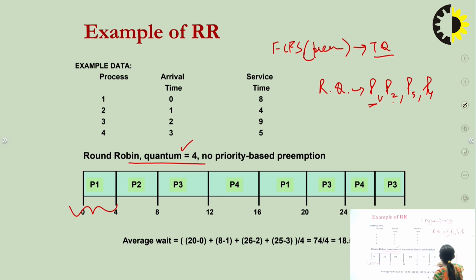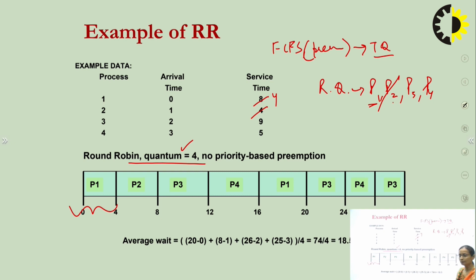The next process in the ready queue is P2, again for the next 4 units, so its remaining time is 4. When it finishes its execution, it is removed from the ready queue.